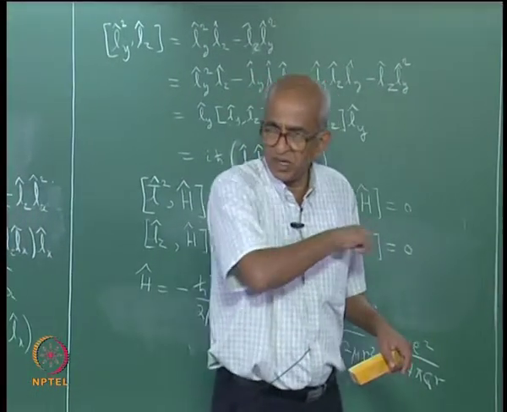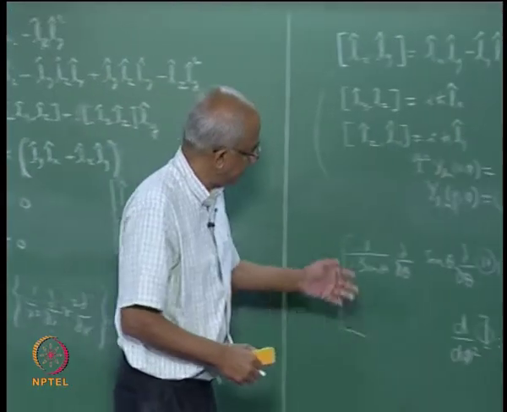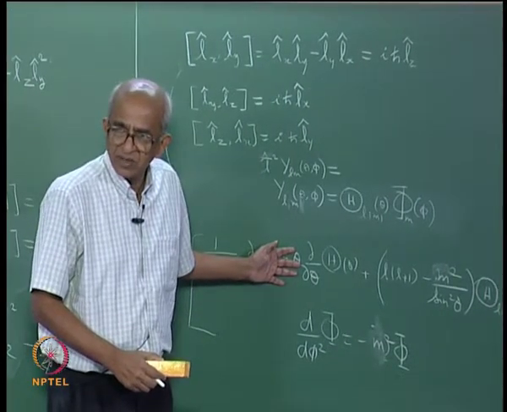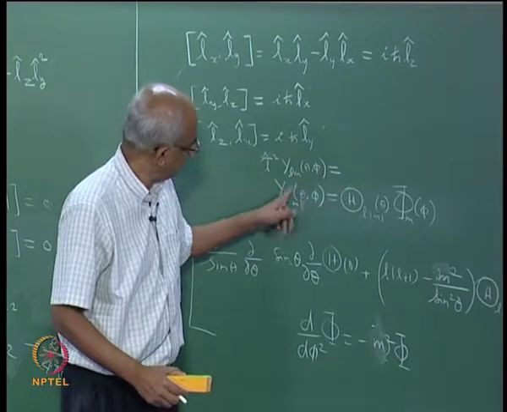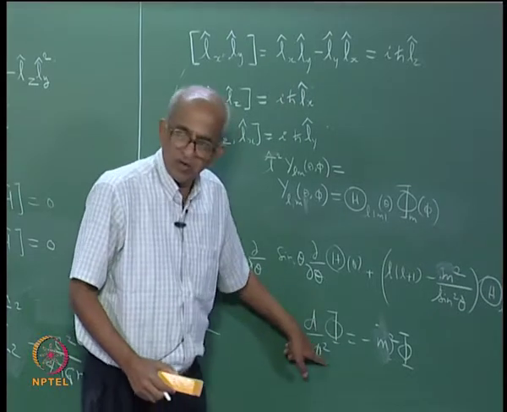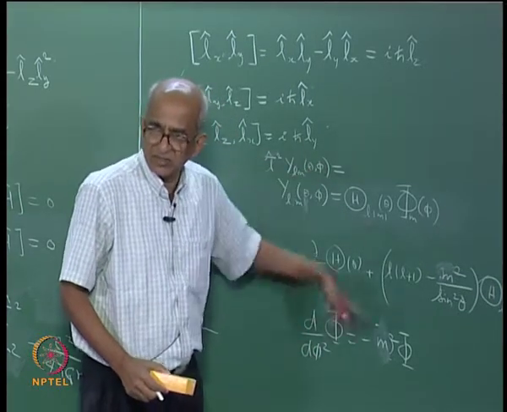If L square operated upon these things, what is going to happen? L square contains this operator, right, and Y contains theta, and L square also contains this kind of operator, and Y contains phi.